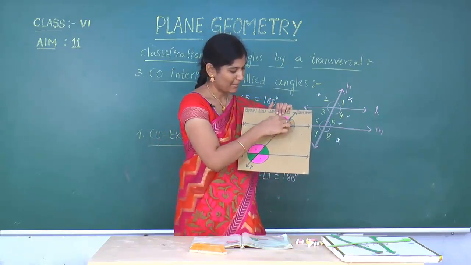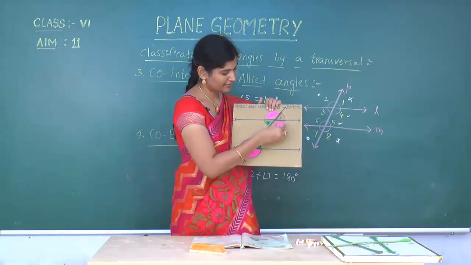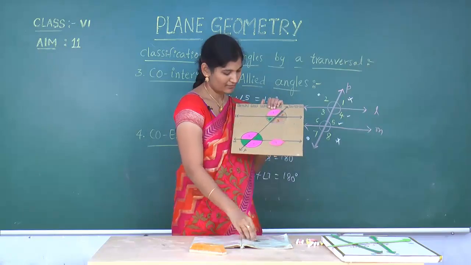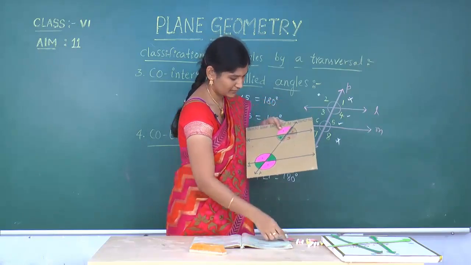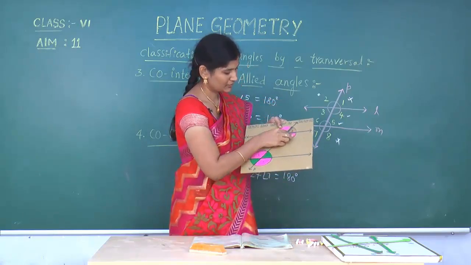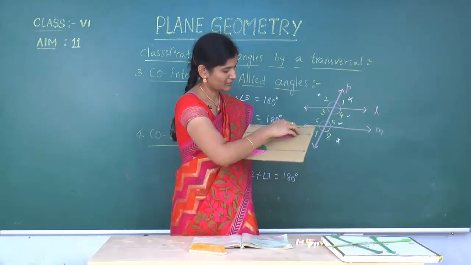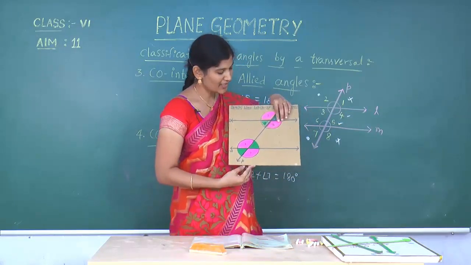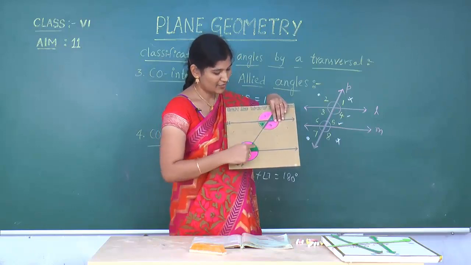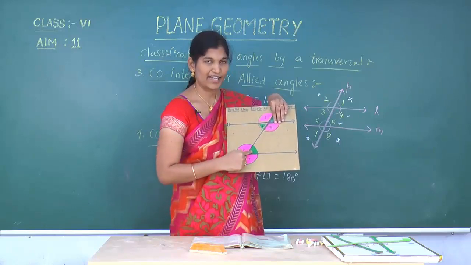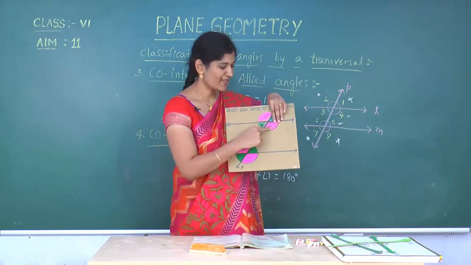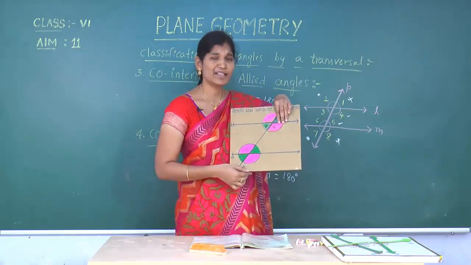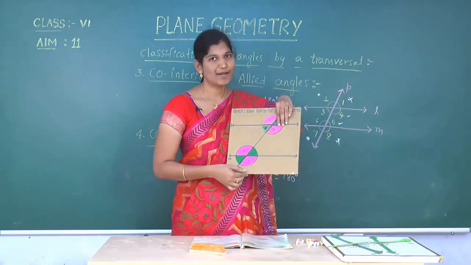Let us see. And here, let me replace this one properly. And now, what are co-interior angles? These two are co-interior angles or allied angles. Sum of allied angles will be supplementary. First of all, supplementary means they form a linear pair.